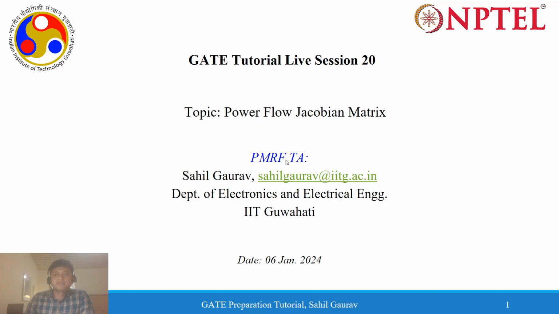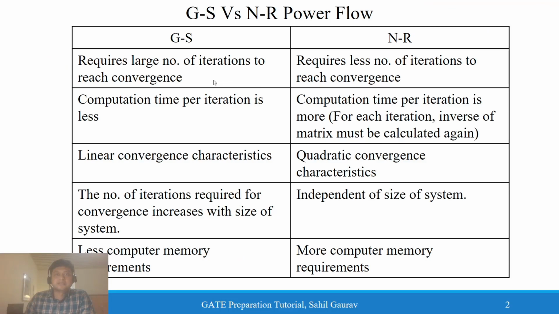First, a quick recap of what we have studied in the previous sessions. If we compare the studied methods, Gauss-Seidel and Newton-Raphson, we can see that Newton-Raphson proves itself superior in terms of convergence and independence, while Gauss-Seidel is better in terms of simplicity and computer memory requirements.